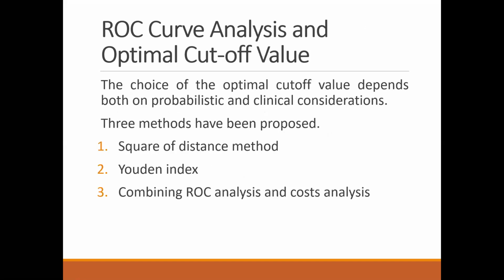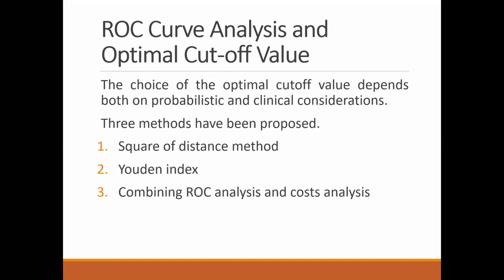Now, how do we calculate the optimum cutoff value? This is an important question. Most of you would know how to calculate sensitivity, specificity, PPV, NPV, etc. But when it comes to the ROC curve, how to find the optimum cutoff value is a question that is commonly asked. That's the reason I have included this.